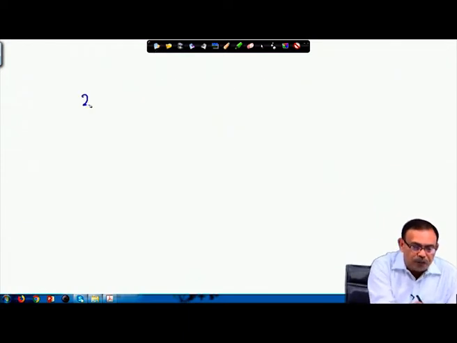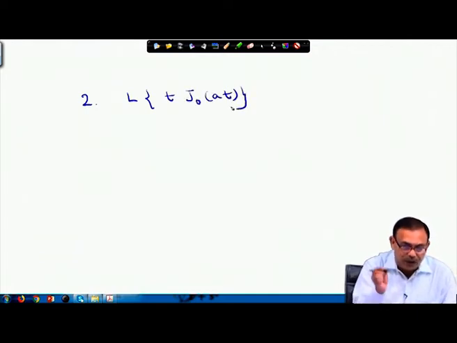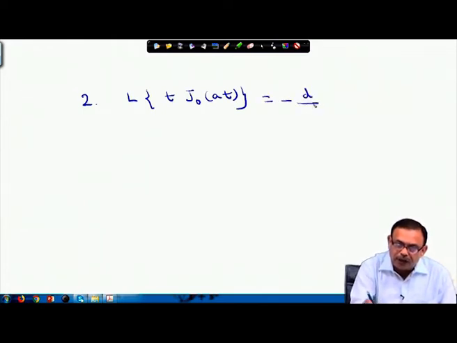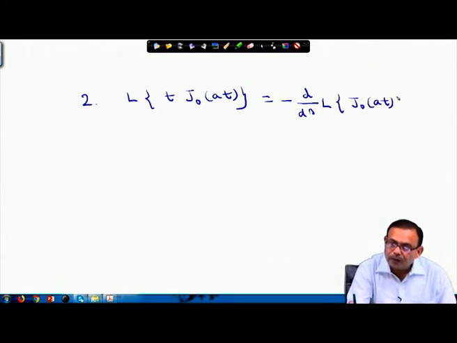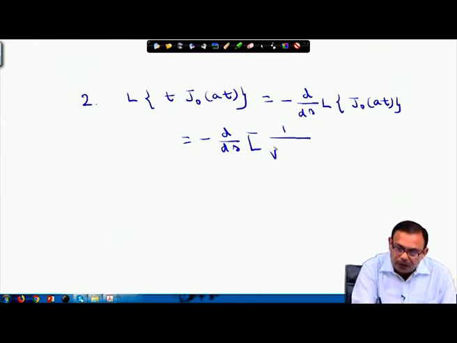Number 2, we have to find the Laplace transform of t into J0(at). Again using the property, since it is multiplied by t, I can write it as minus d by ds of the Laplace transform of J0(at). I already know the Laplace transform of J0(at), which is nothing but 1 by root over s squared plus a squared.